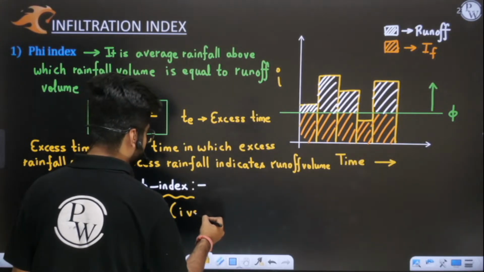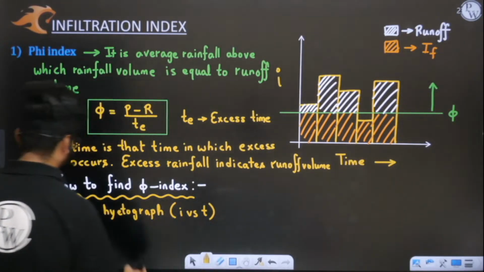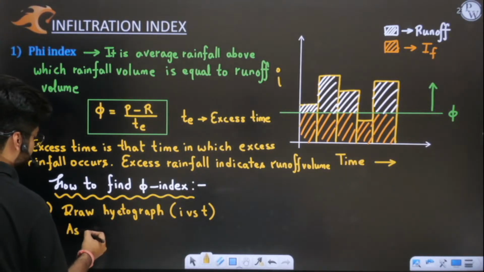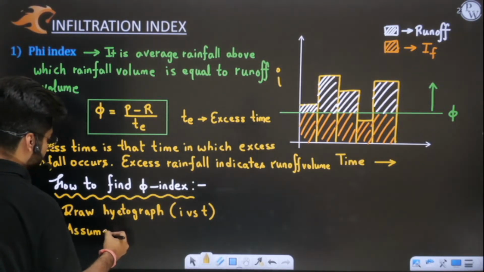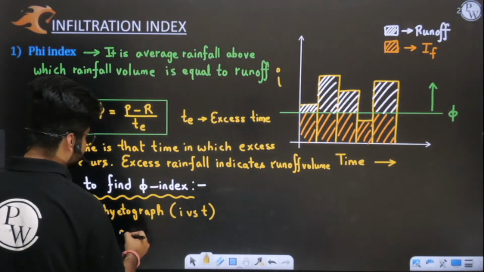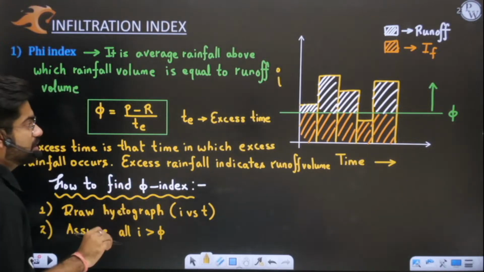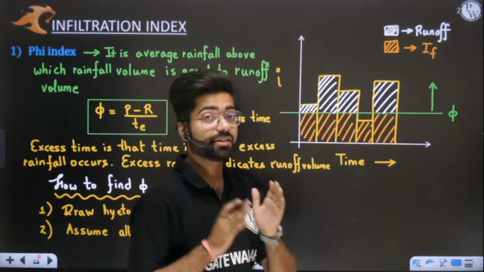Second, you have to take trials. Assume that all intensities of rainfall are greater than phi.